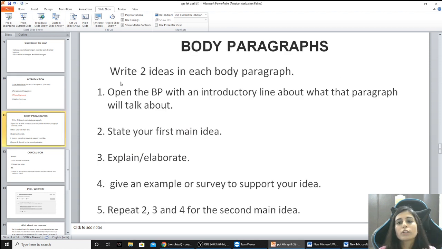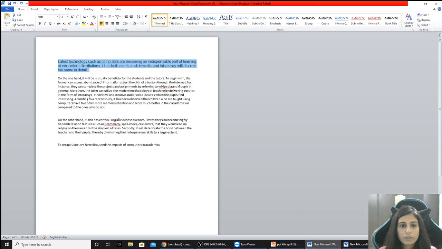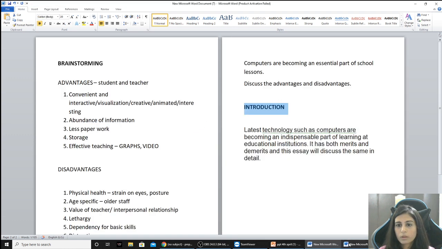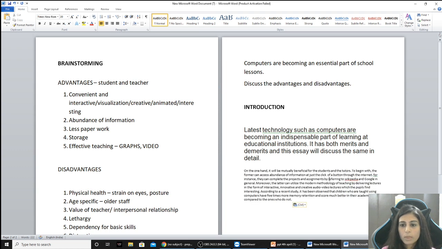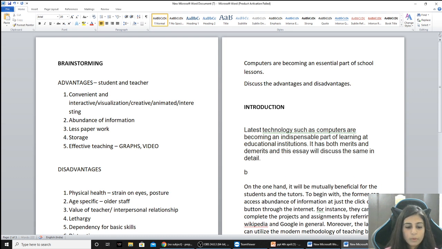So this is what the body paragraph should look like. First of all, you have to write an introductory line. So let's see what we have written. Okay, so this is your body paragraph 1.